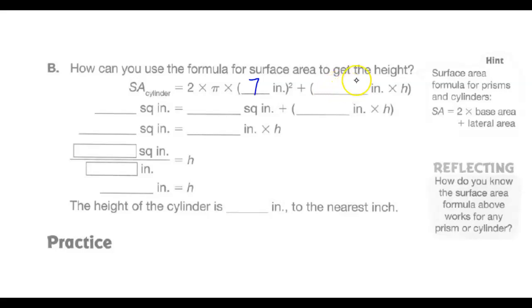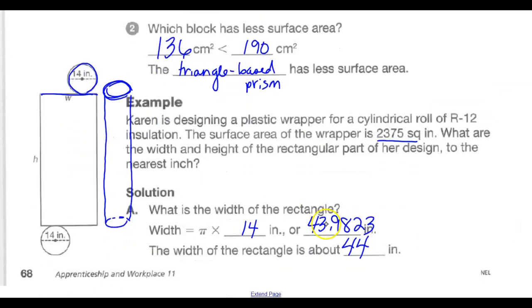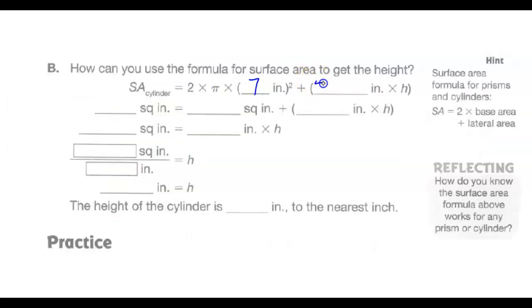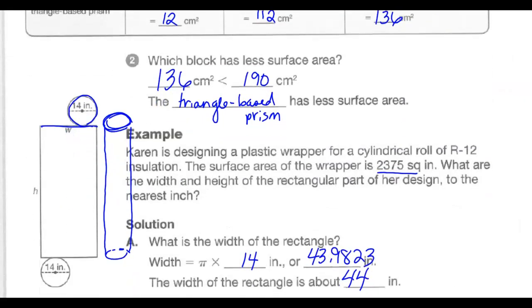And then we've just calculated the circumference. This is where I'm going to keep it to 4 decimal places, 43.9823 times the height. That's what we're trying to look for. And we need to know surface area, but it was given to us. So again, go back and look. It was 2,375.